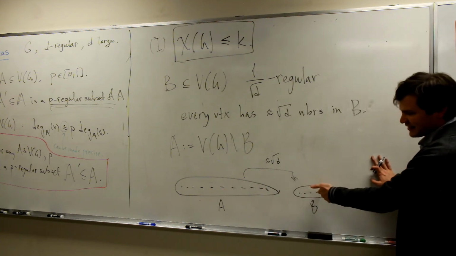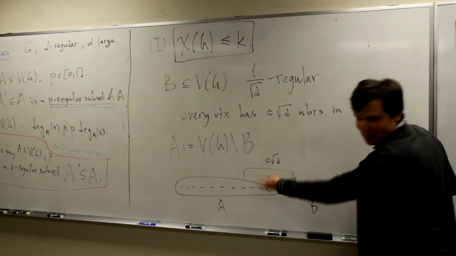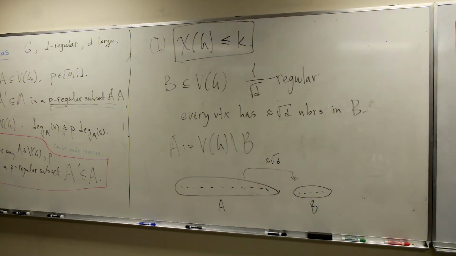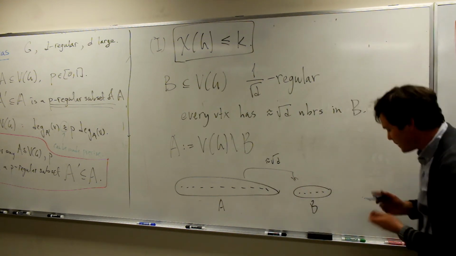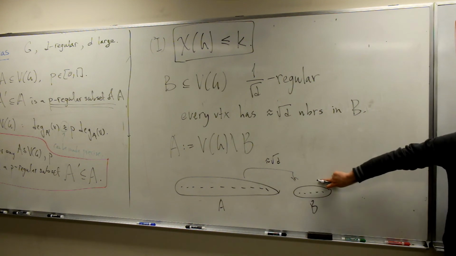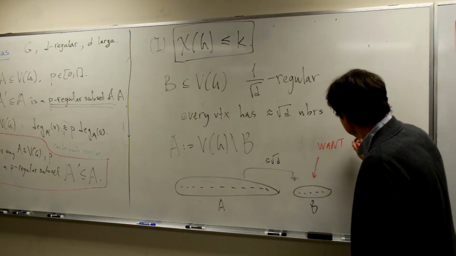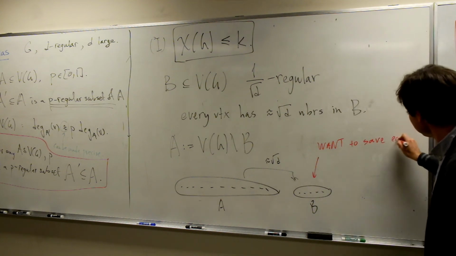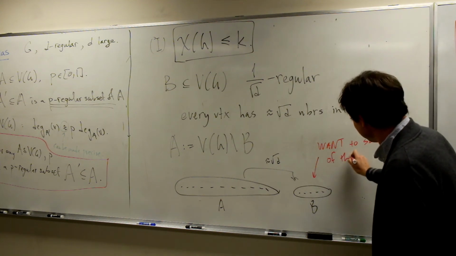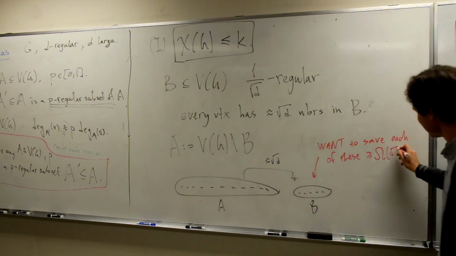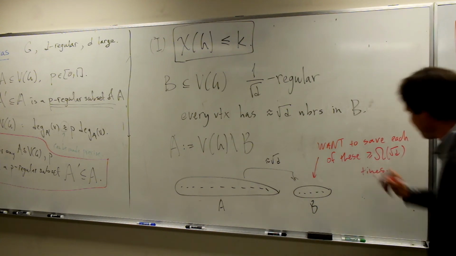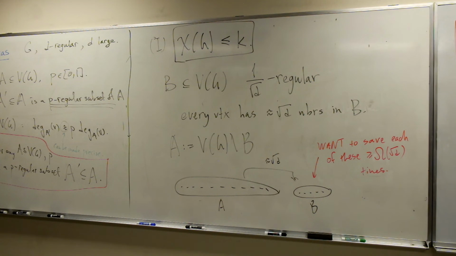But these vertices in B are problematic, because maybe most of their neighbors are in A, or they're in B but still precede them. So what are we going to do? We're going to make sure that every single vertex in B is actually saved throughout the process at least a constant times root D times, and then we'll win. So we want to save each of these vertices at least a constant times root D times, and then these vertices are also going to be happy.